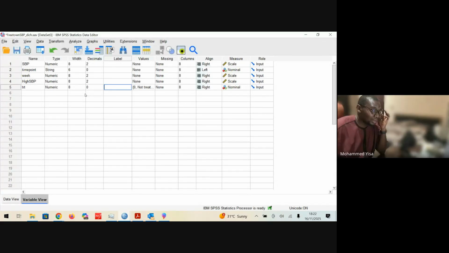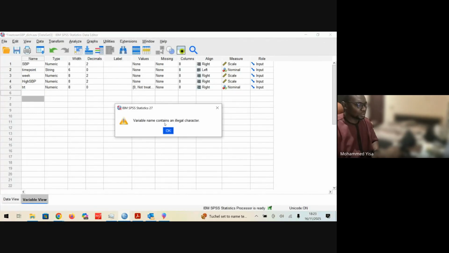The label, so for the variable names, there's a naming convention. SPSS will not allow you to give a space, for example. If I want to create a new variable and I say SBP morning, you see, it's telling me it's an illegal character.